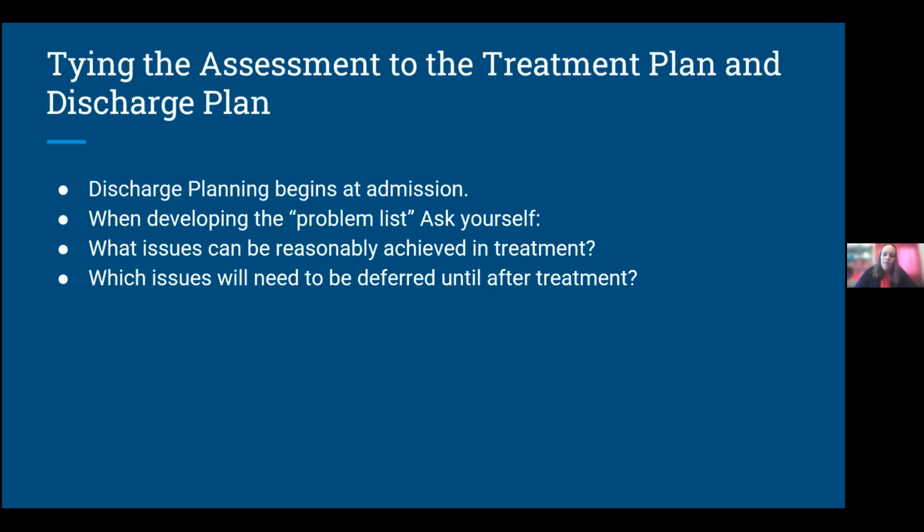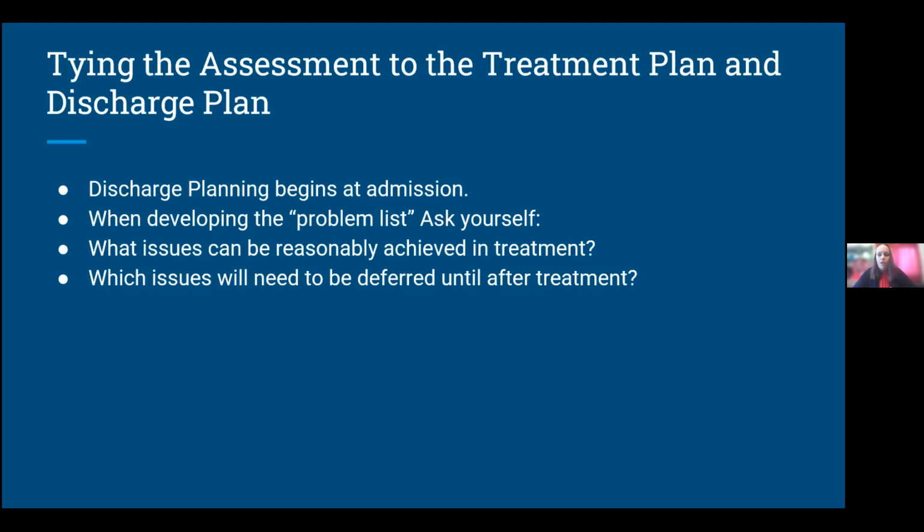So you might have an agency where you have a dedicated case manager, and discharge planning and finding housing is a big part of the program, and that's great. That is something that they can work with while the client is in treatment.